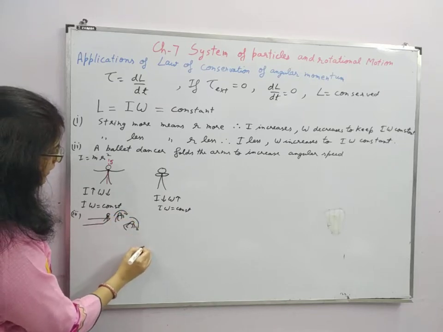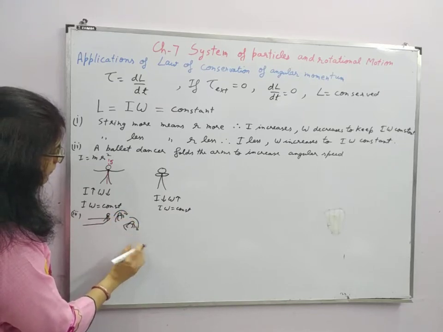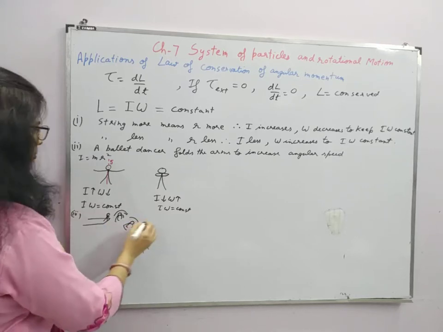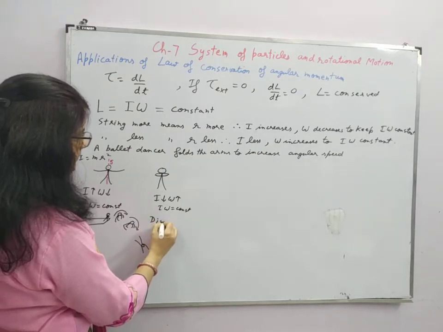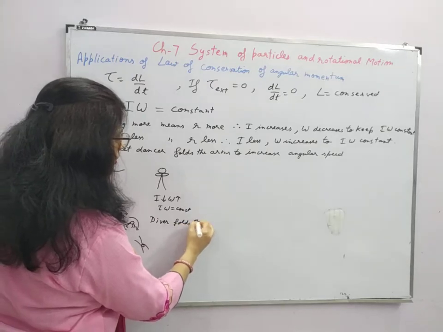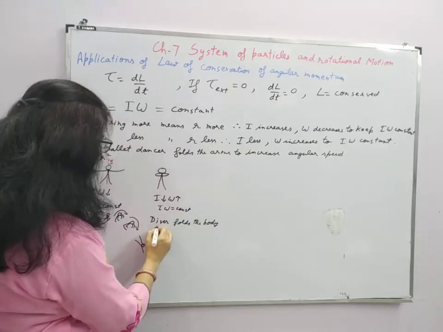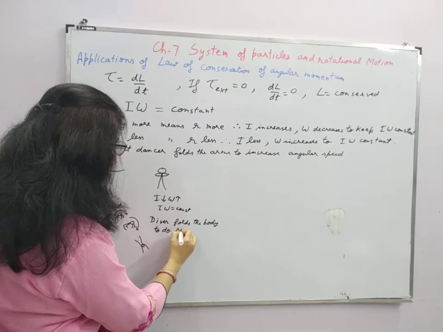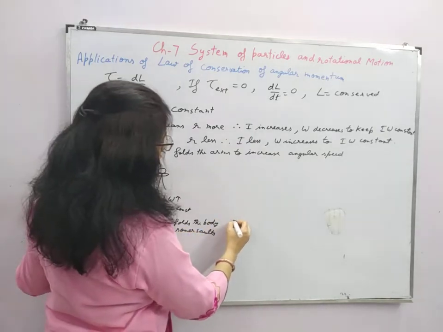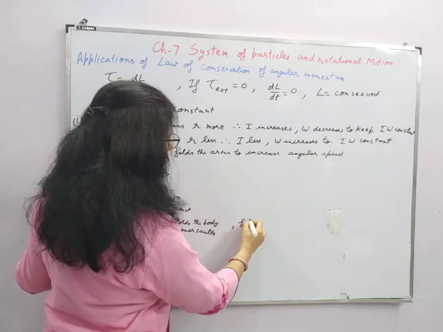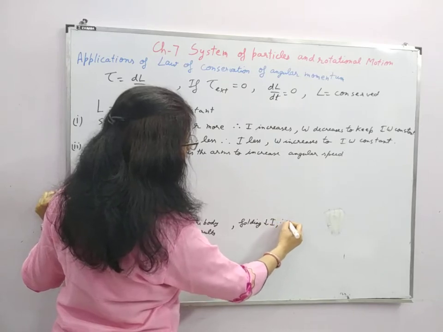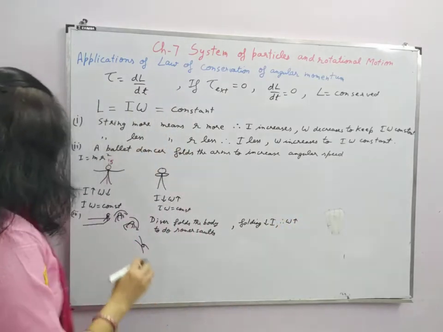And then, while entering the pool, he stretches the hands again. So the diver folds the body to do somersaults. Why? Because folding decreases I, therefore omega increases.